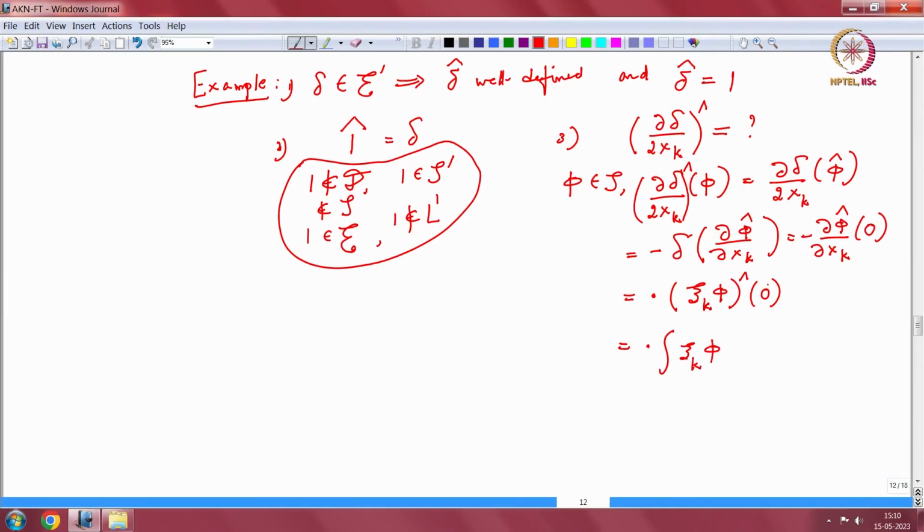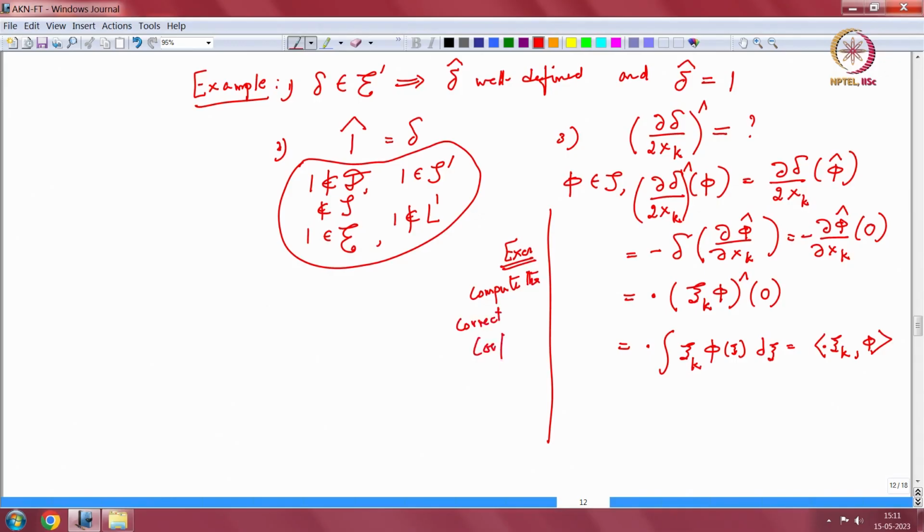I told you there will be a coefficient like i or something, if I remember correctly. So, compute the correct coefficients according to your definition.